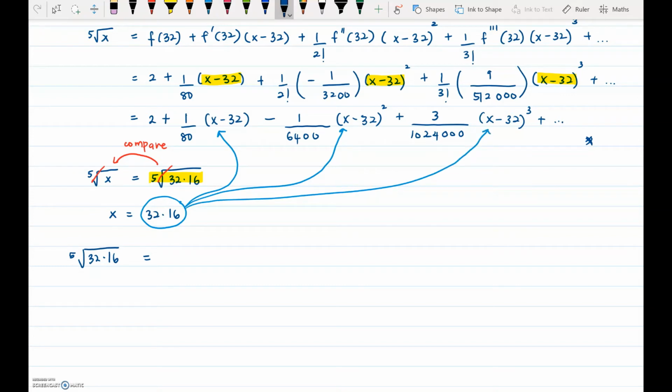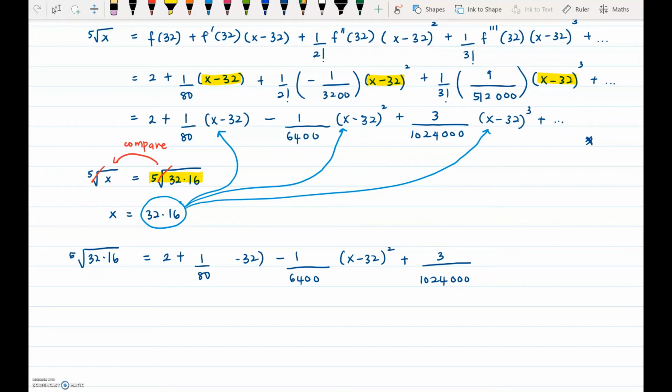Okay, so now we have 2 plus 1 over 80 x minus 32 minus 1 over 6400 x minus 32 square plus 3 over 1024000. Sorry, I forgot to substitute the value.